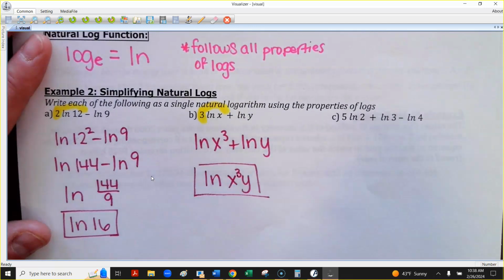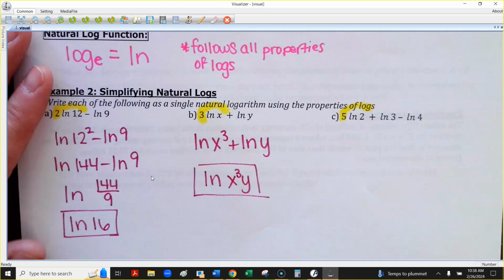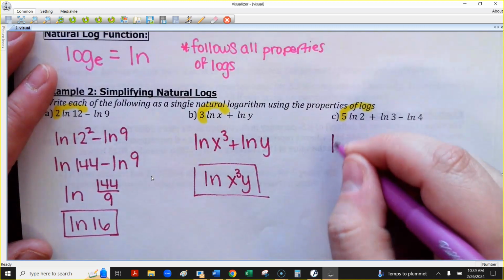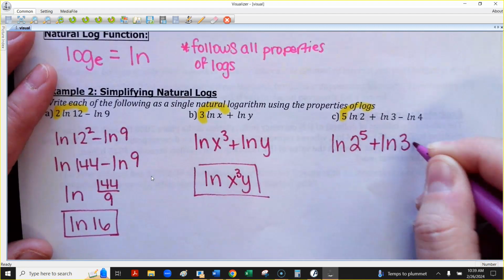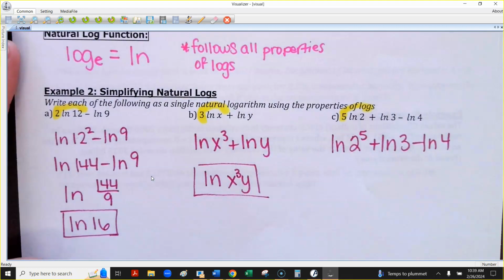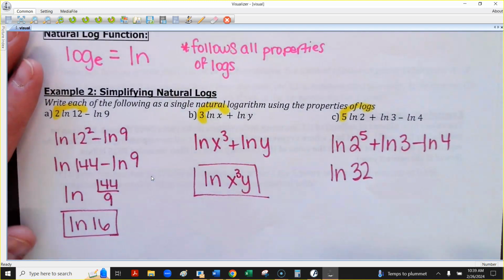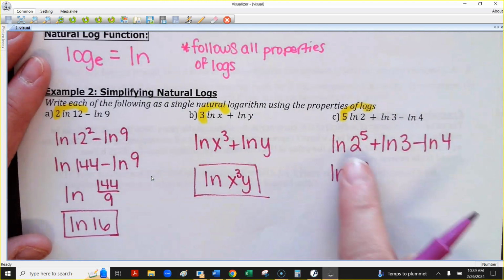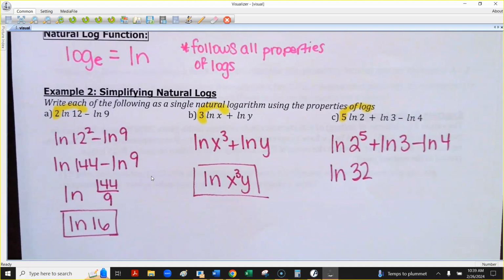Let me try. This one has numbers to kind of simplify a little bit. So number out in front is an exponent. So this would be 2 to the 5th, natural log of 3, minus natural log of 4. Now, the 2 to the 5th is just 32. Now, if I would multiply the first two, as you read them from left to right, that's how you want to apply the properties.